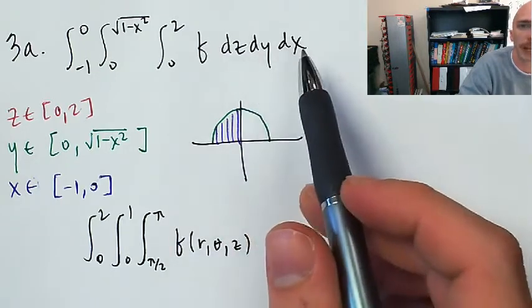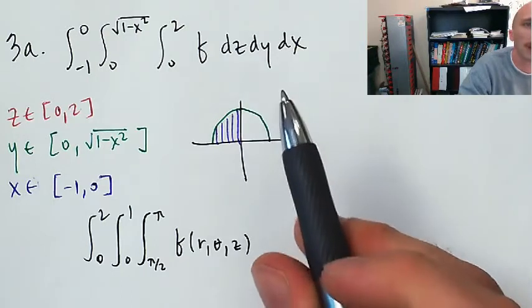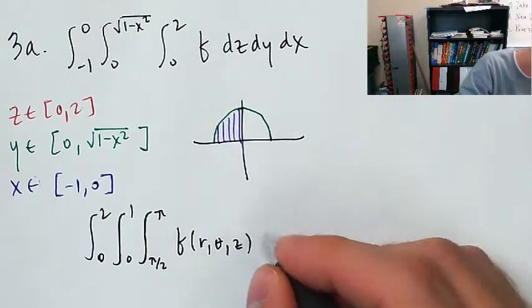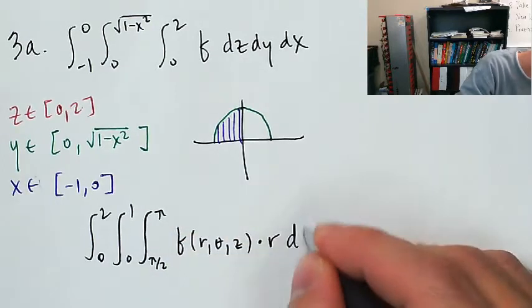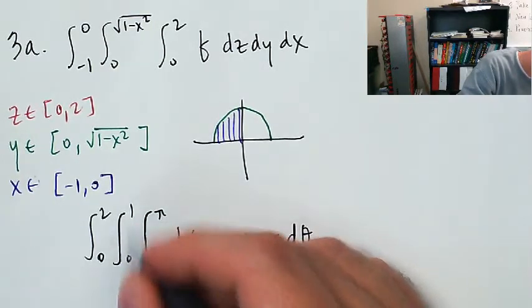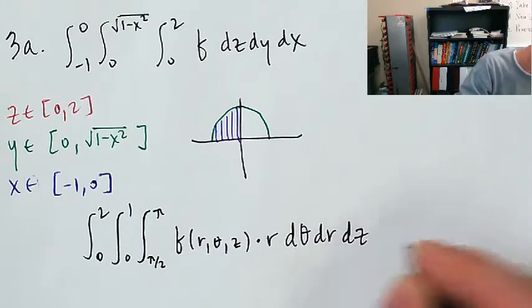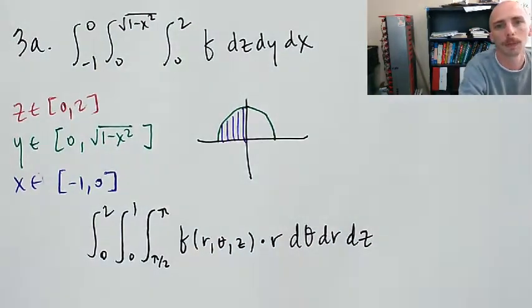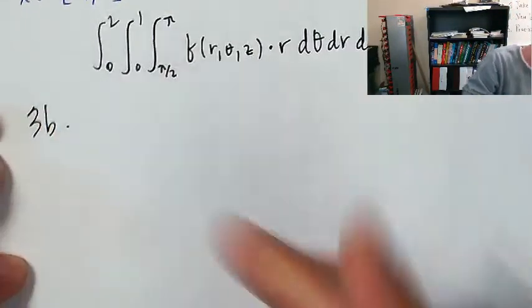But dz dy dx, that's not just dr d theta dz. We can't just do that. We need to bring in that factor of r. So times r, this is d theta, this would be r and z. And that's how we would rewrite that one. I'll go a little faster through the second one of these.